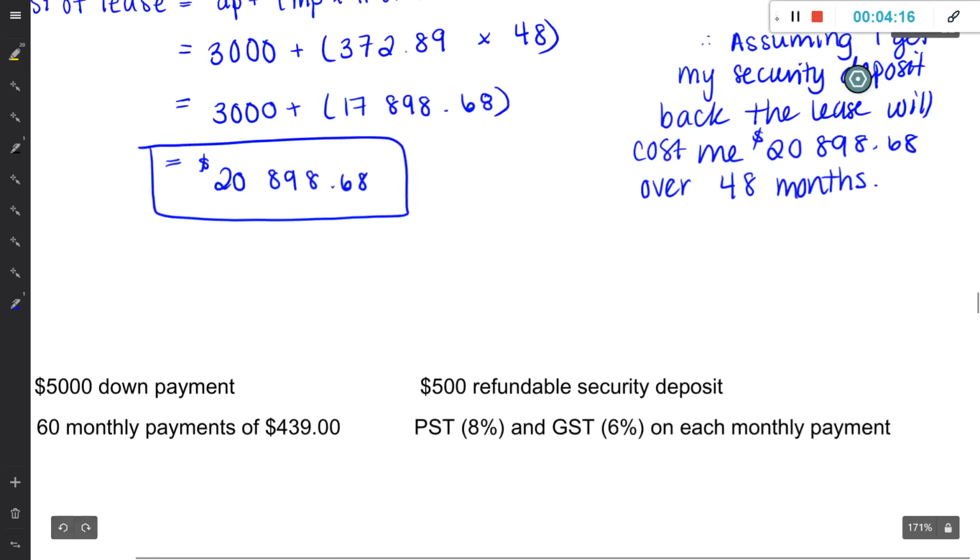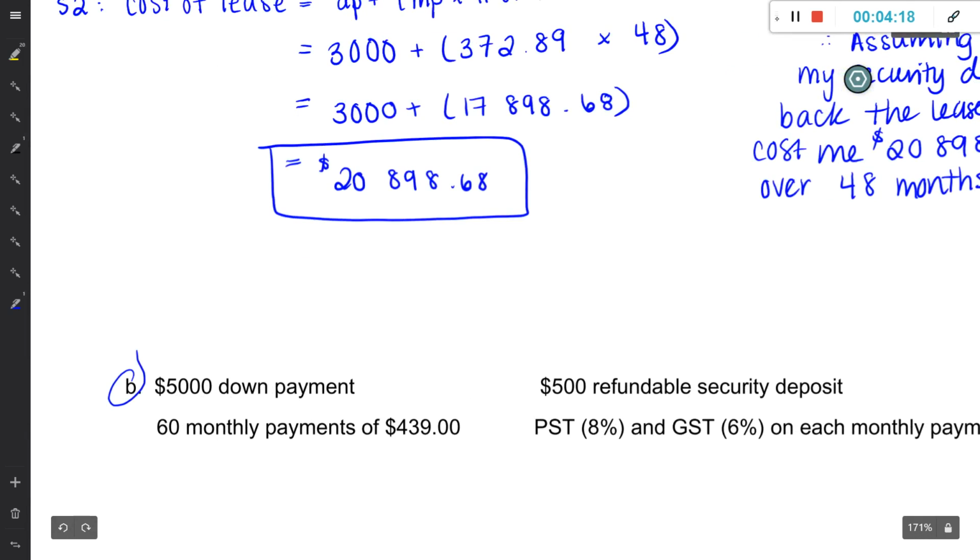Cool? All right, so I'm going to have you do this one by yourself. Just one thing to note here, get rid of the PST, GST. I'm going to just have you do 13% HST. Okay?